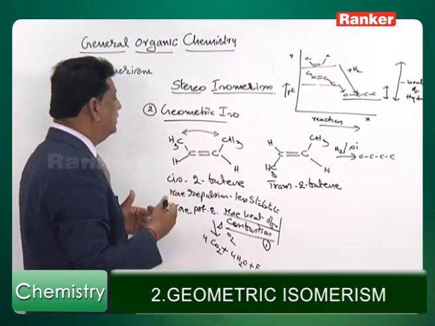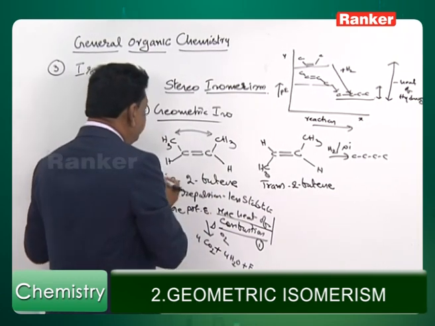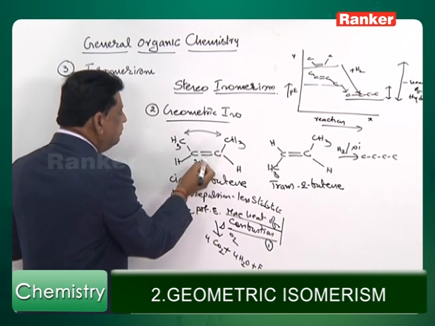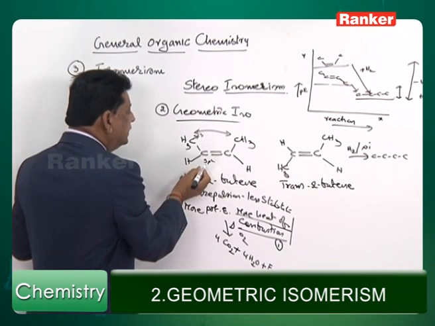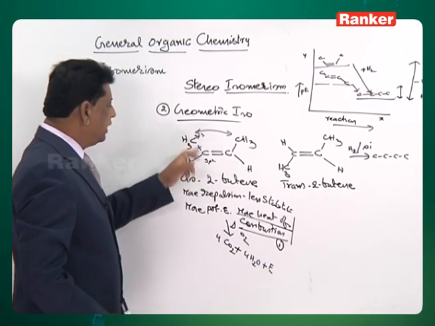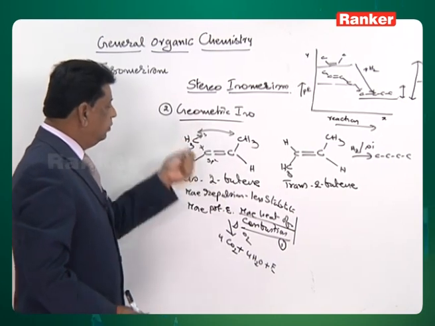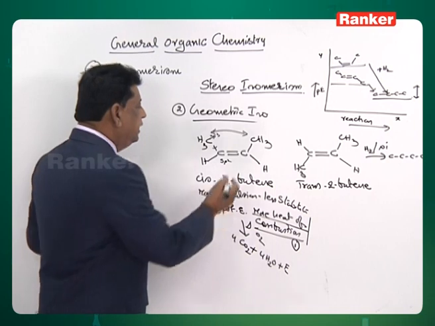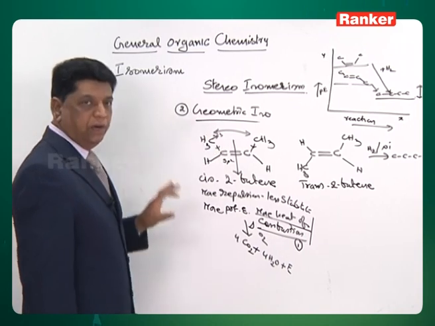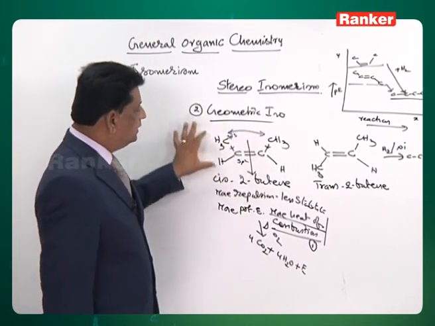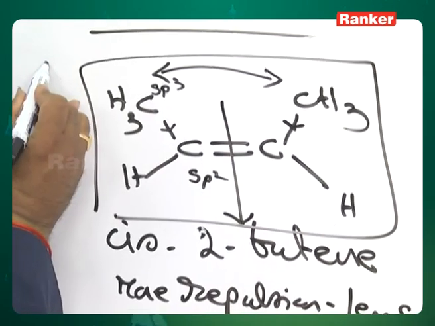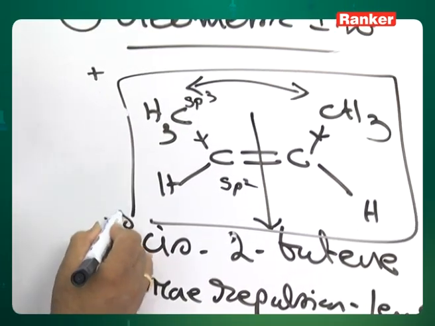Like that, if you go on searching for other properties: when a methyl group is attached to the alkene, this is an sp2 carbon and this is an sp3 carbon. When the s percentage is more, it pulls the electrons. This type of polarization of the bond: the methyl group is partly giving electrons to this side, this one is also giving to this side, and the net goes this side. This is called bond polarization, polarization on the molecule. The whole molecule acts as a tiny bar containing delta plus and delta minus.